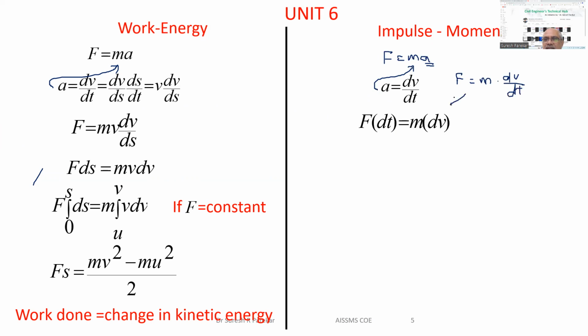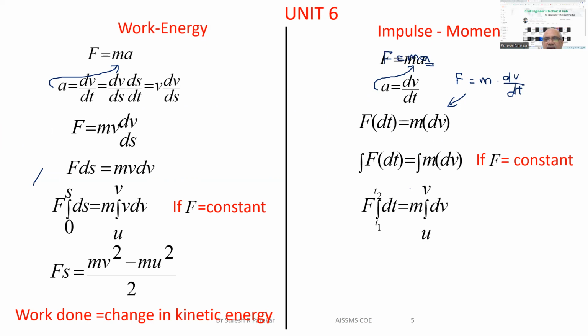Then rearranging the terms, we get F dt equal to m dv. F is constant, and from this we get Ft equal to mv minus mu. This is nothing but impulse equal to change in momentum.